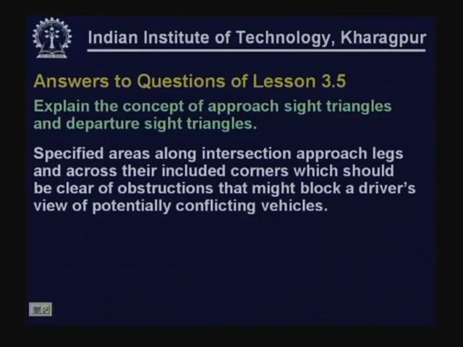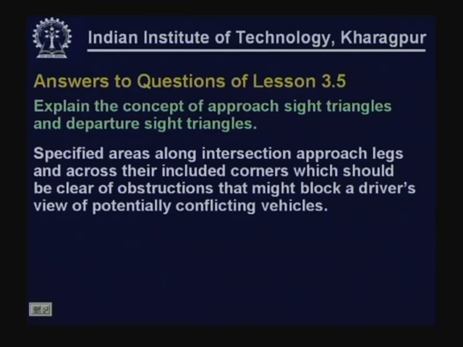Now, I shall quickly try to answer the questions which were raised during lesson 3.5. Explain the concept of approach side triangles and departure side triangles. Let us see what is the side triangle. Side triangle is the specified areas along intersection approach legs and across their included corner which should be clear of obstructions that might block a driver's view of potentially conflicting vehicles.